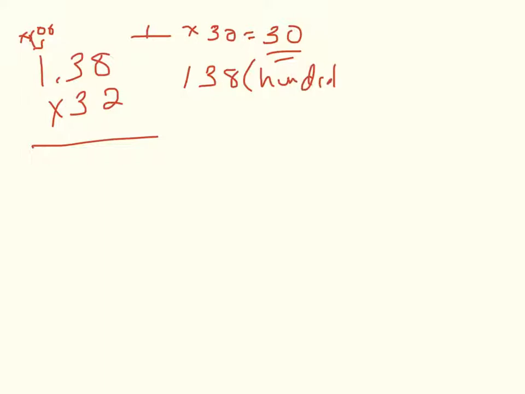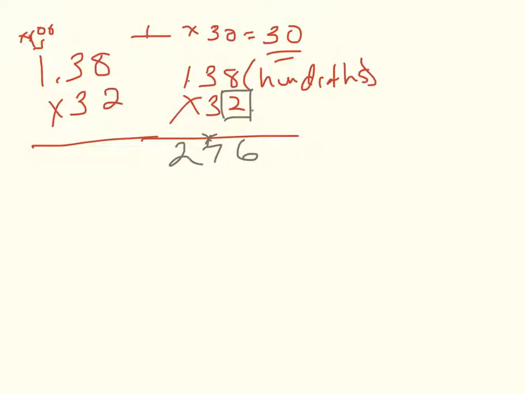Hundredths times 32. Again, we're going to start with the 2, and the 2 times the 8 is going to be 16. The 2 times 30 is going to be 60, plus one more is going to give me 7 tenths. The 2 times 100 is going to give me 200.